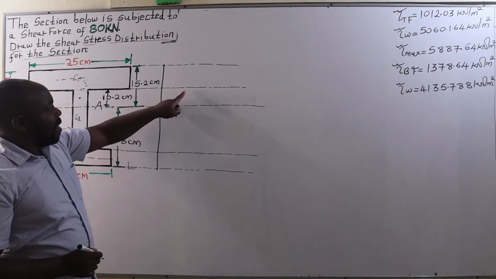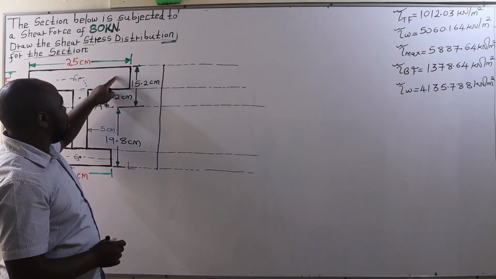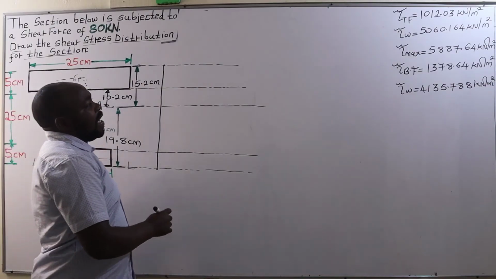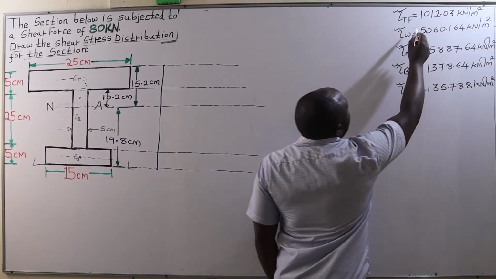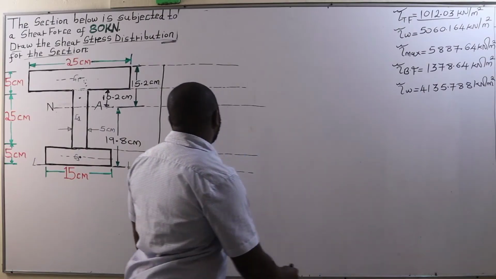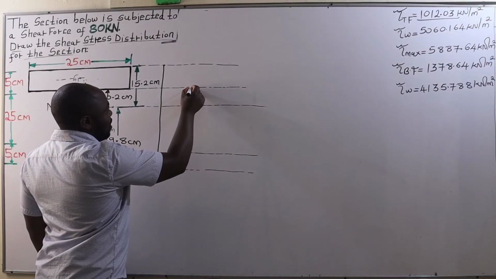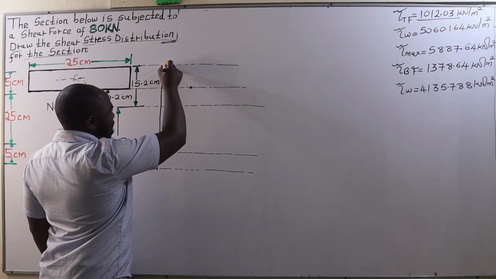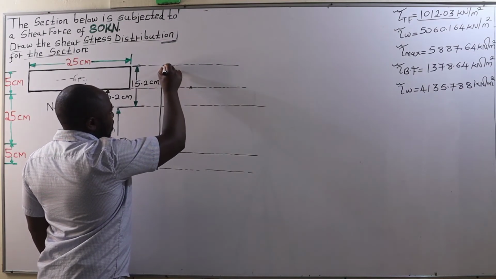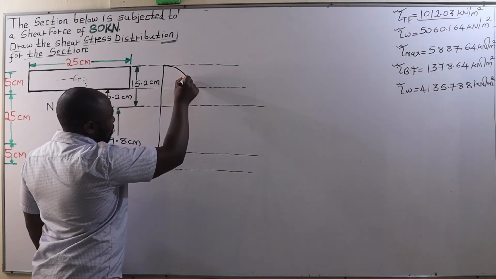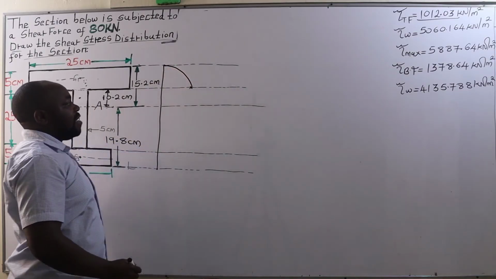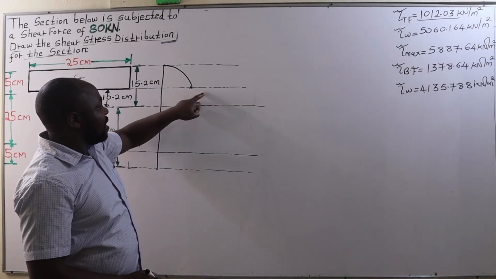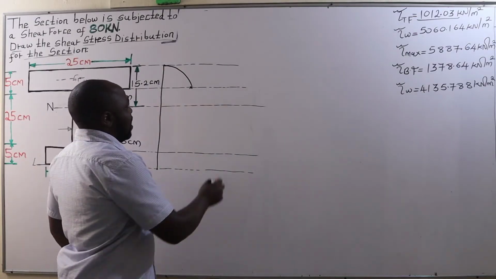Now, the shear stress in the flange at the junction of top flange and the web is 1012.03. Therefore, approximately that point. And so I will draw a smooth curve connecting to that point. Then this 1012.03 increases abruptly to 5060.